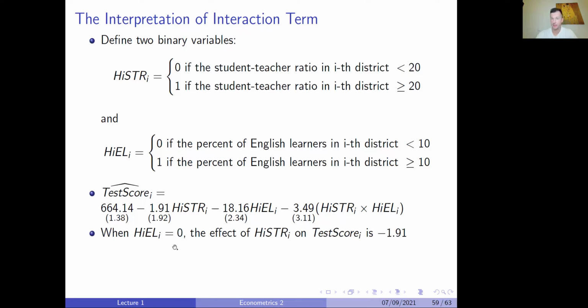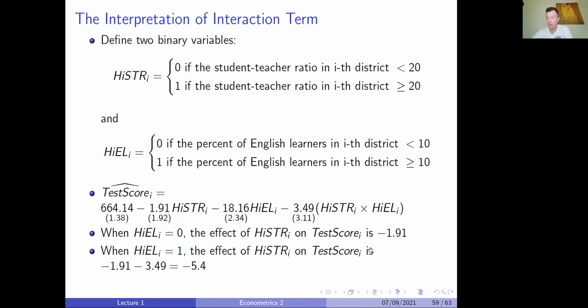For districts where the percentage of immigrant students is less than 10%, so there are not many immigrant students, the change in the student-teacher ratio affects the test score by minus 1.91. So an increase in the class size from small class to large class decreases the score by 1.91.